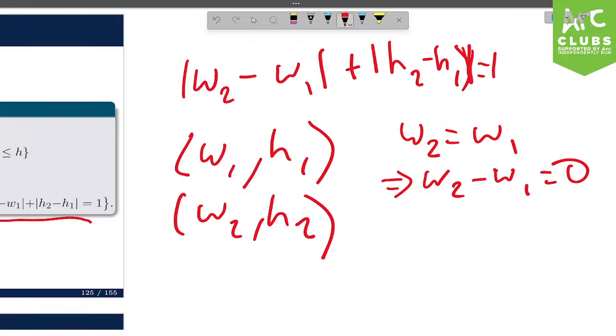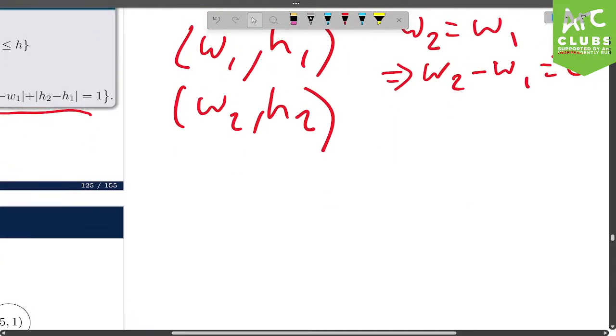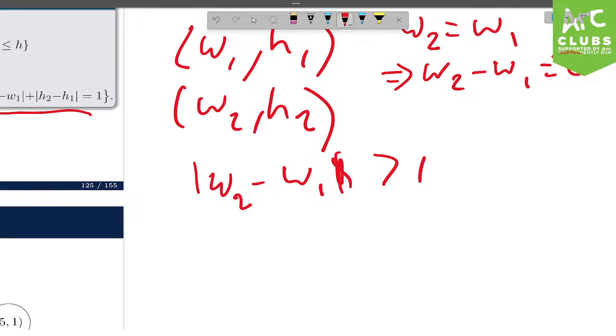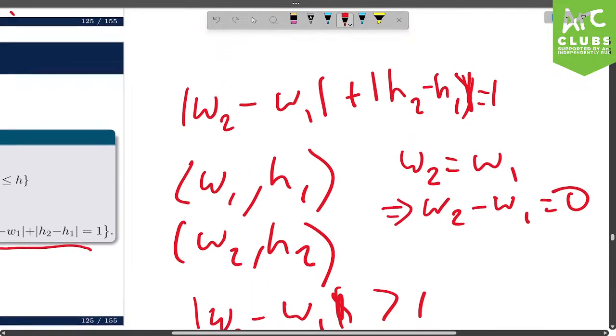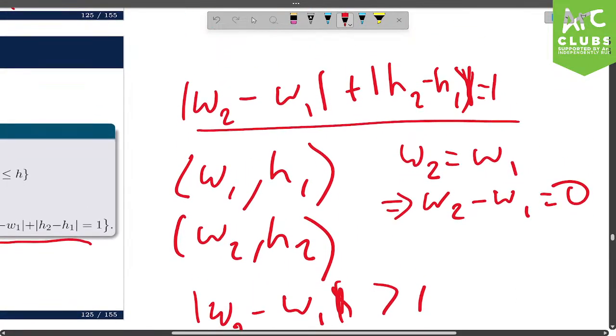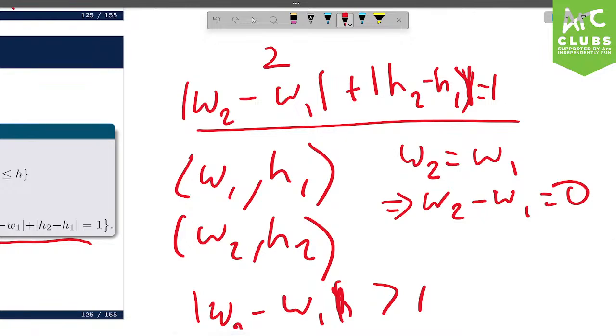This is important because if W2 minus W1 is greater than 1, so if W2 and W1 are more than 1 apart, this means that this equation here can never hold. The reason is H2 minus H1 is non-negative. If we add 2 plus some number that's non-negative, it can't be negative, so this is always going to be bigger than 1, and that's bad.